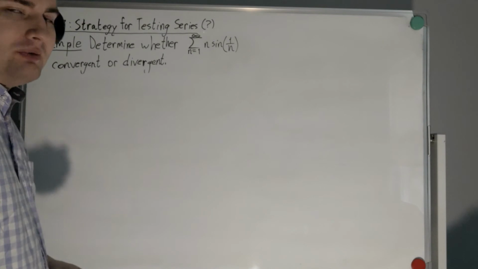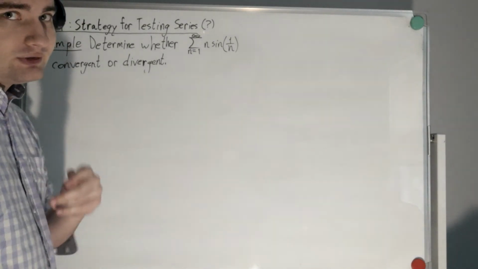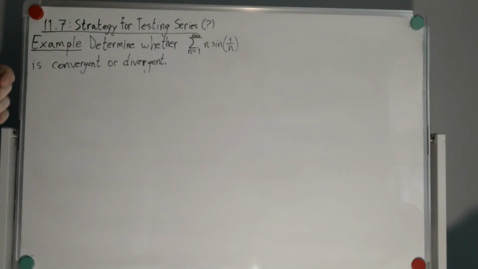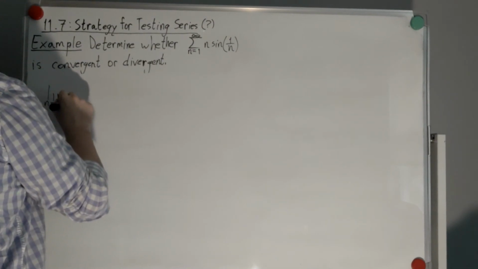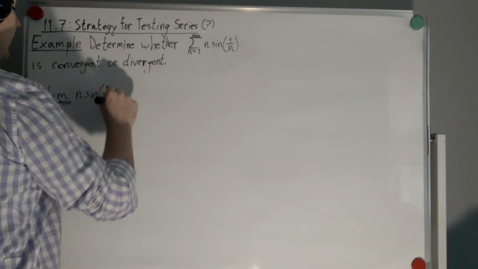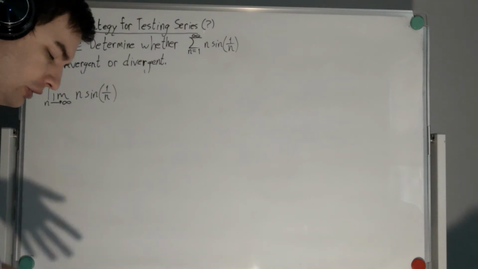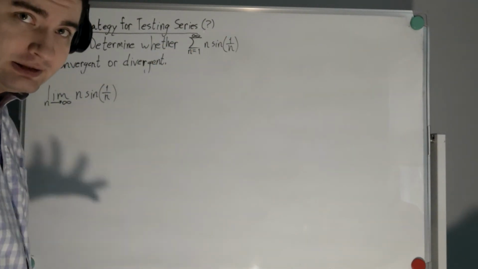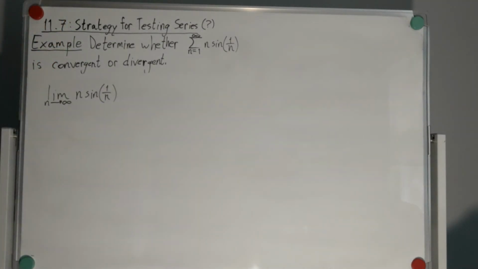But we don't want the limit of this thing as n approaches 0. We want to know whether the series converges or diverges. So if anything, we would be more interested in the limit as n approaches infinity of n times the sine of 1 over n. If this is non-zero, then for sure this series diverges by the test for divergence. If it is 0, we'll cross that bridge if and when we get to it.